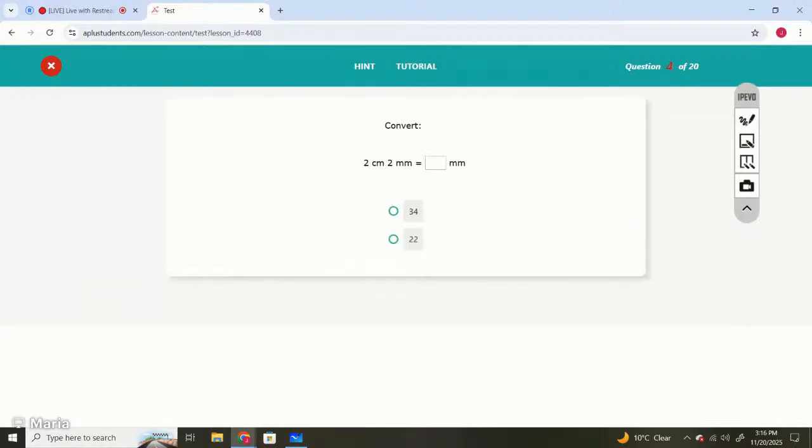Option number 2 is the correct option. 2 centimeters 2 millimeters, which is the correct option? That is 22 millimeters. Option number 2 is the correct option.